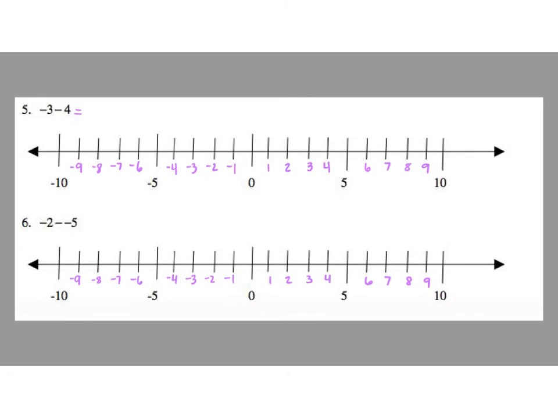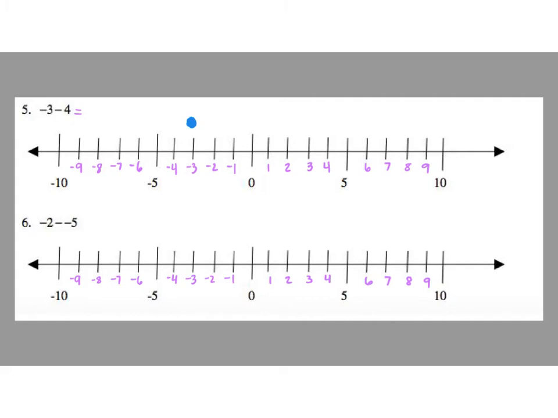In the next problem, I see negative 3 minus 4. So I'm going to mark my point, negative 3, for my first number on the number line. The subtraction sign tells me I need to move in the negative direction on my number line, or to the left.